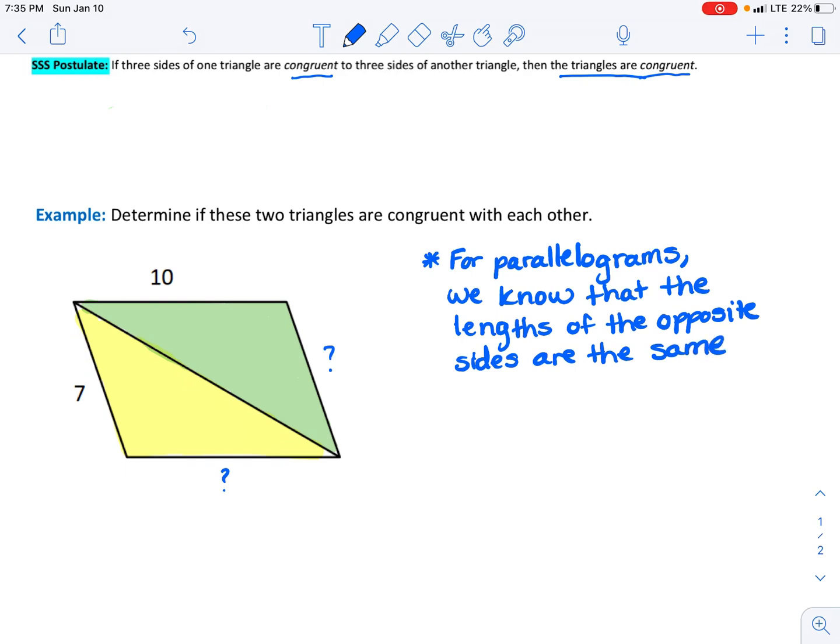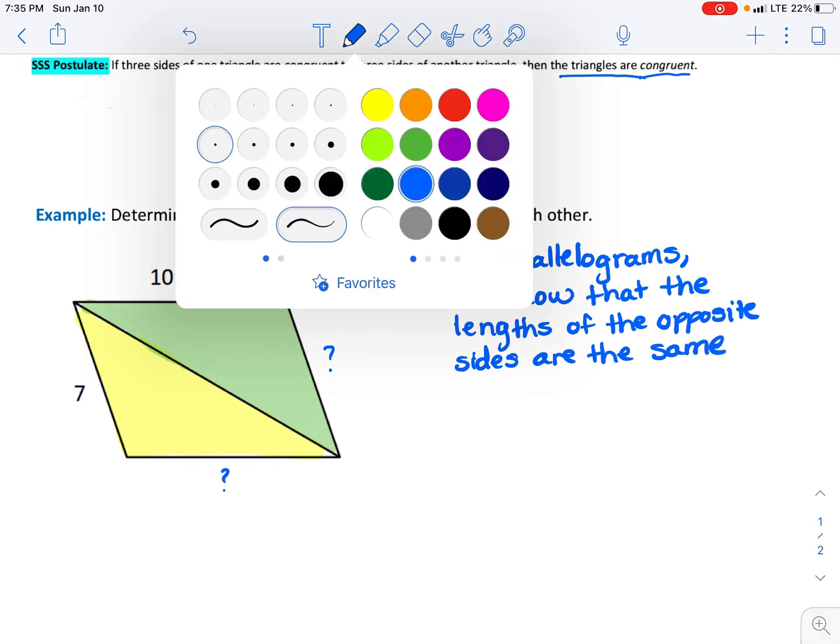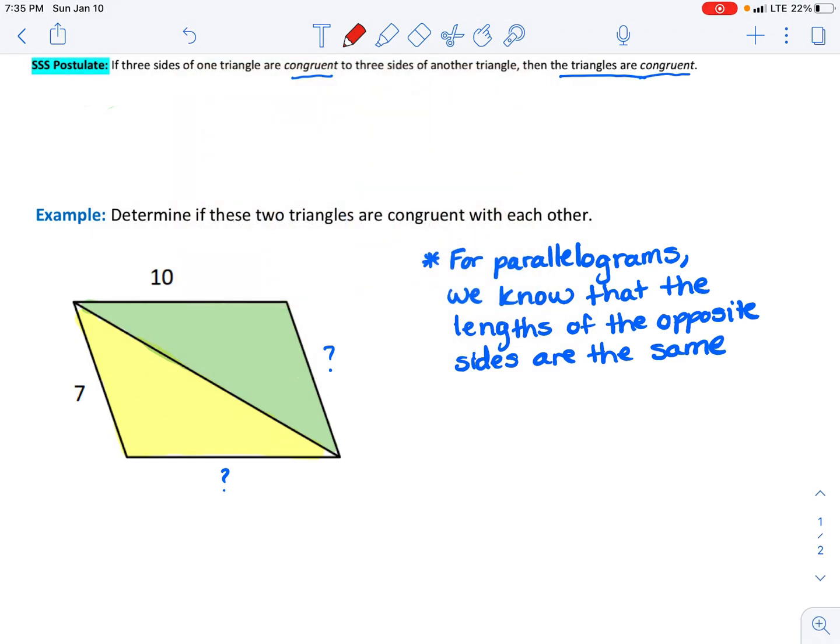Okay, and so here you can see that this side that I'm highlighting in red is opposite this side. Since I know that the top side is length 10, then I know that this bottom side is also length 10, because the opposite sides have the same lengths for a parallelogram.